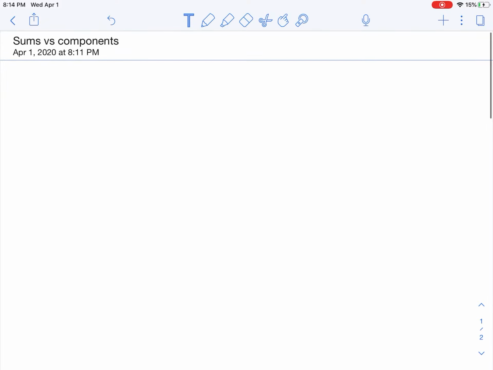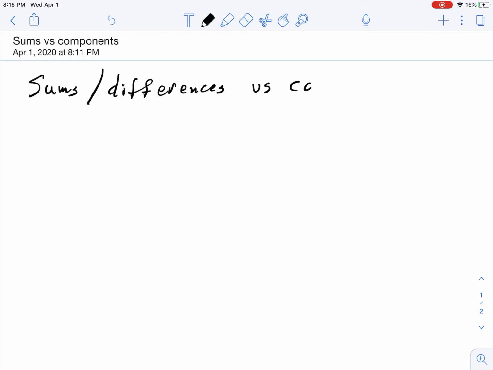I talked about before a connection with sums, differences, versus components.